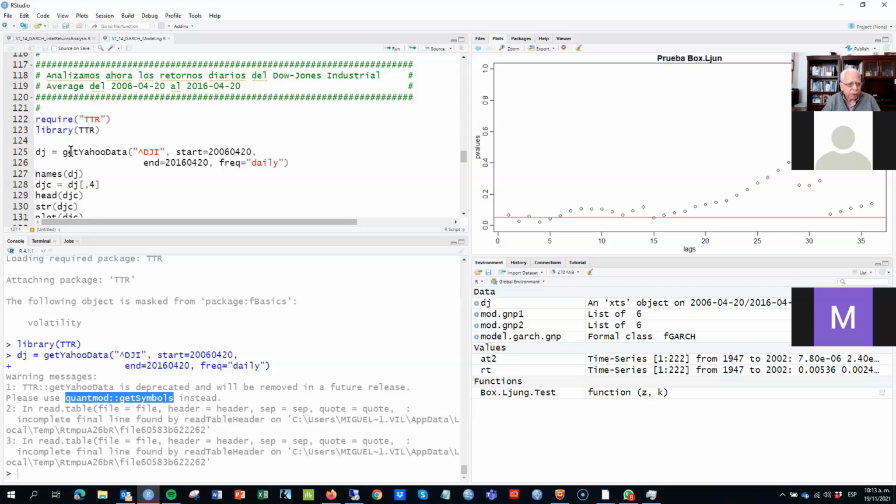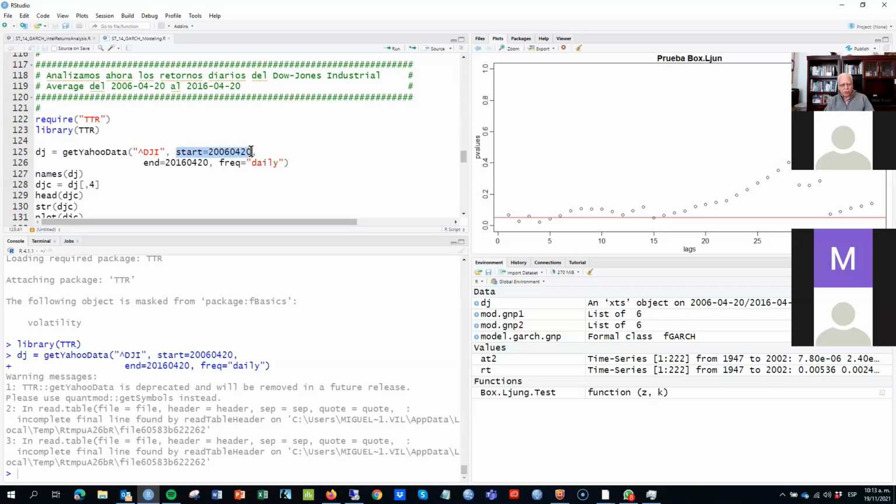So the syntax for getYahooData is you specify the name of the stock that you want to get the information from, in this case the Dow Jones Industrial Average. You specify the starting date as year, month, and day together without commas or spaces, and also the end date as year, month, and day.